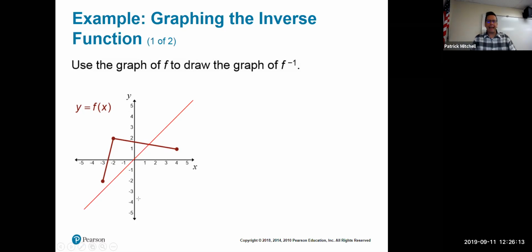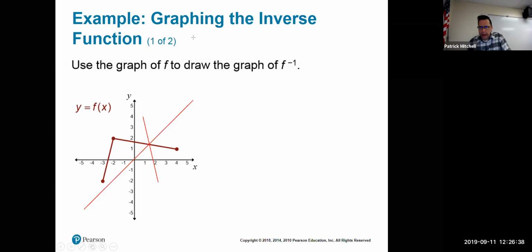So when you reflect this graph across the line y equals x, here is what it looks like. Ready? So the point (4, 1) would end up right around (1, 4), and that would make a line that goes all the way over to about (2, -2). So that would be part of it.